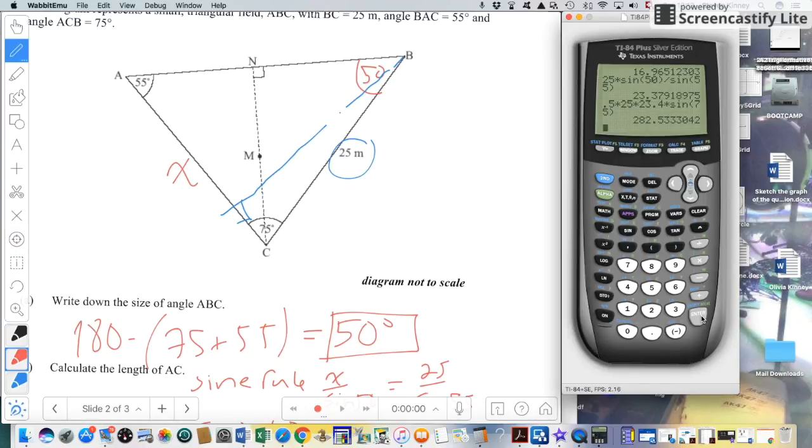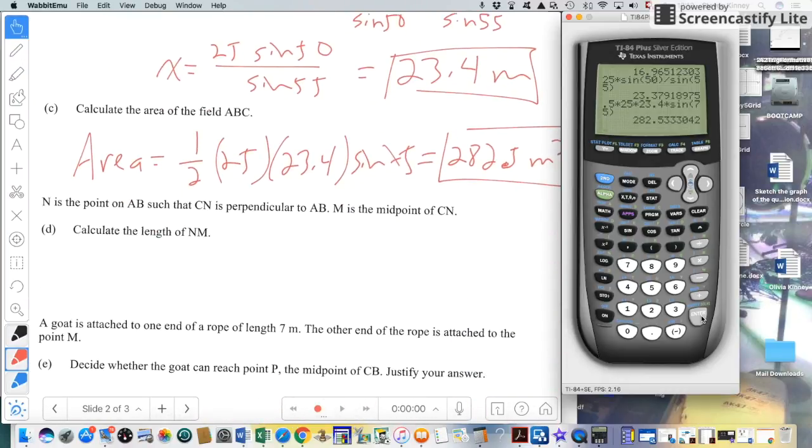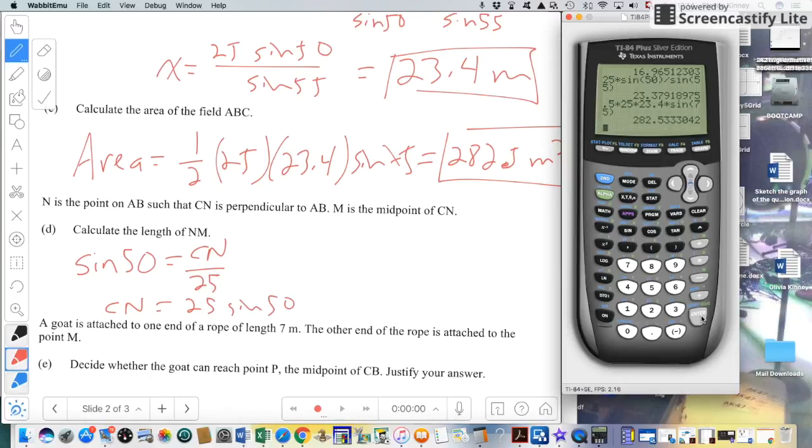Okay, so CN over 25 is equal to sine of 50. So we find CN, and we're going to divide that by 2 to find the length NM. So 25 times sine 50, and you have that opposite side.